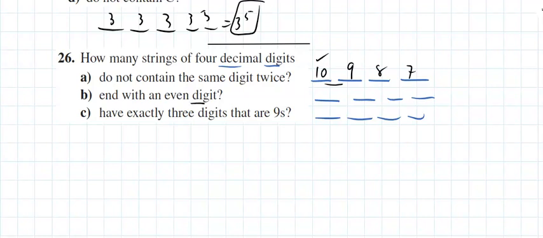End with an even digit. If it ends with an even digit, it could end with a 0, 2, 4, 6, or 8, 5 of them. And here, now it didn't say they do not repeat. Since they didn't say that, well, they could have 10 choices each.